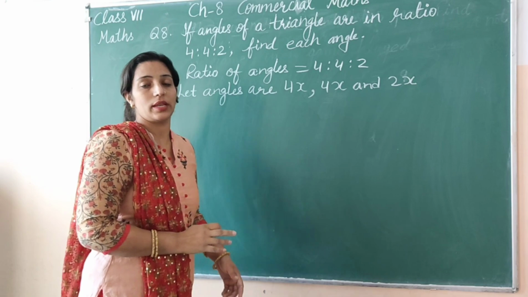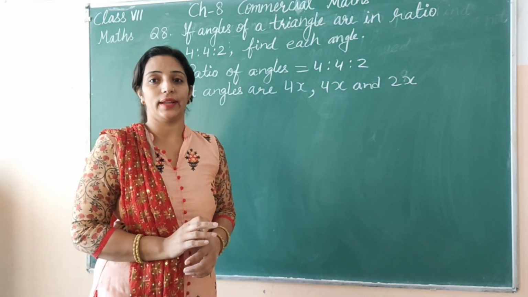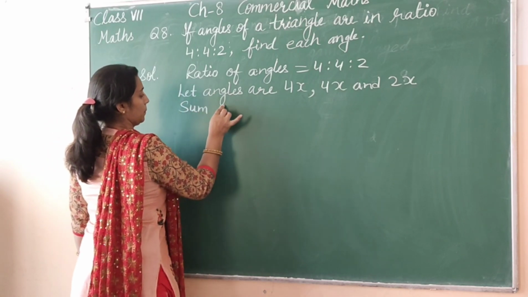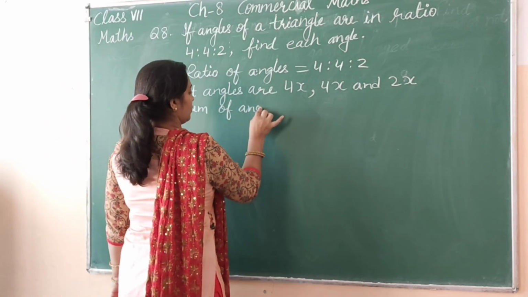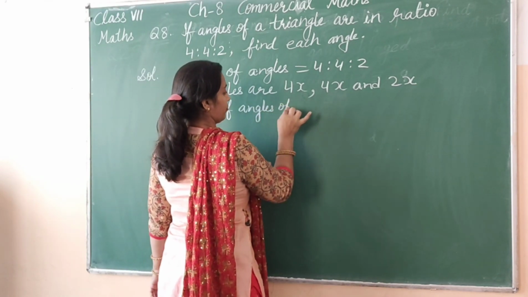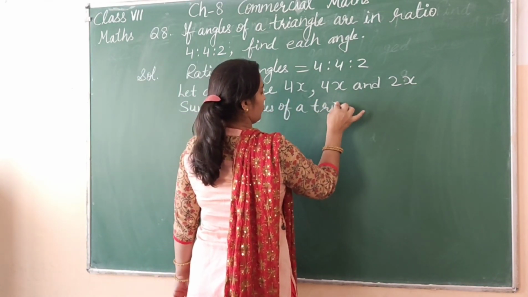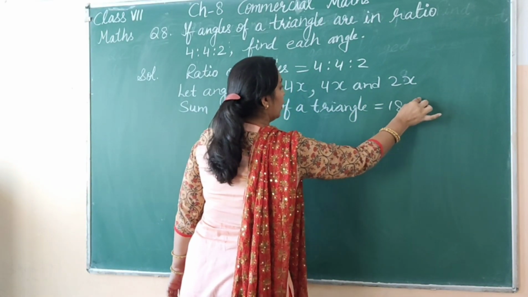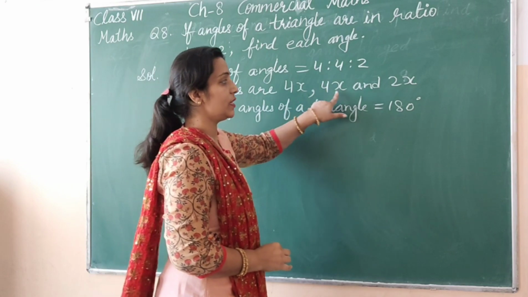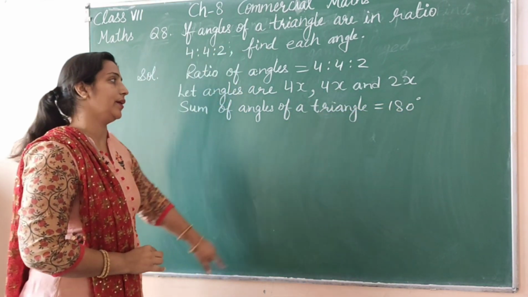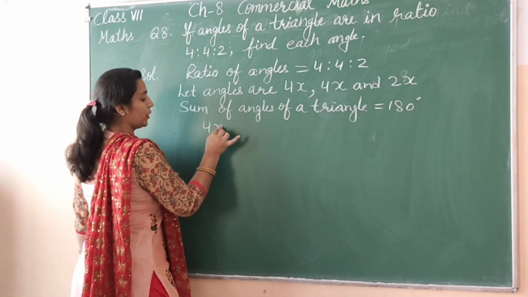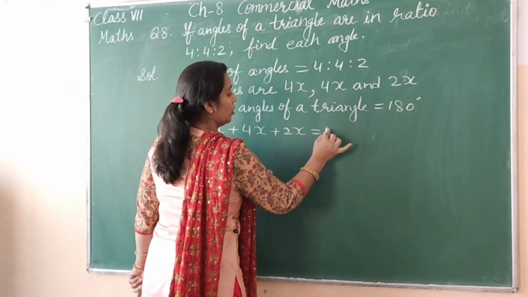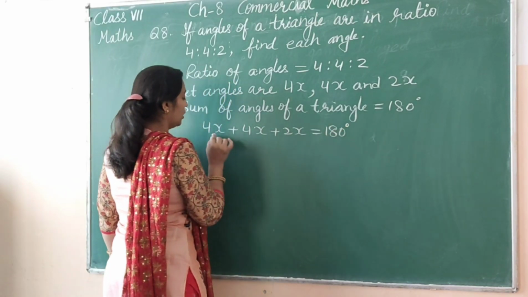These are the 3 angles and we know that the sum of the angles of a triangle is 180 degrees. So the sum of these three angles will be equal to 180 degrees. So 4x plus 4x plus 2x is equal to 180 degrees.